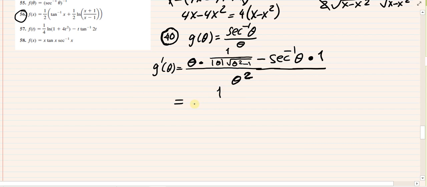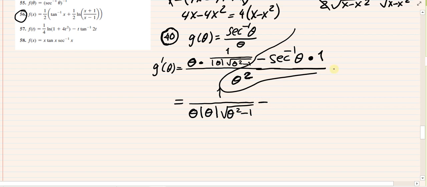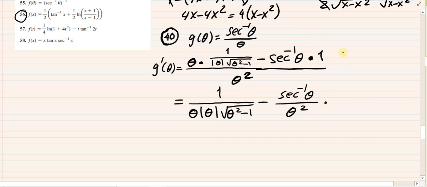So the first part is going to be 1 over theta times the absolute value of theta, square root of theta squared minus 1, negative, now I'm doing this part, secant inverse theta divided by theta squared. And we're going to leave it like that. It doesn't simplify well at all.